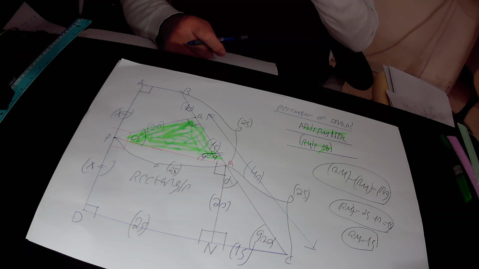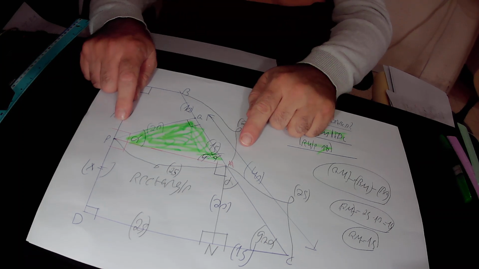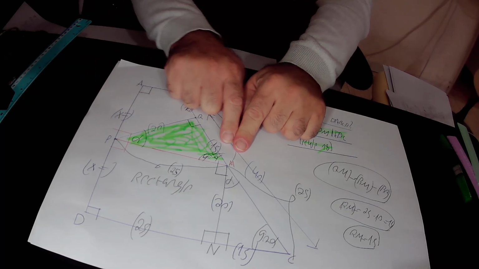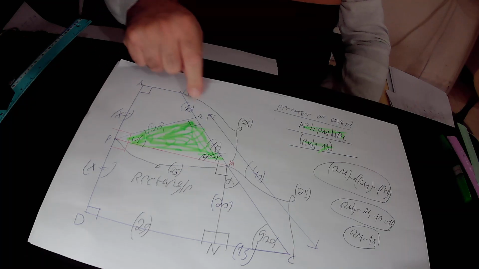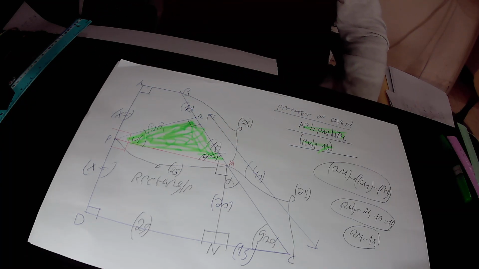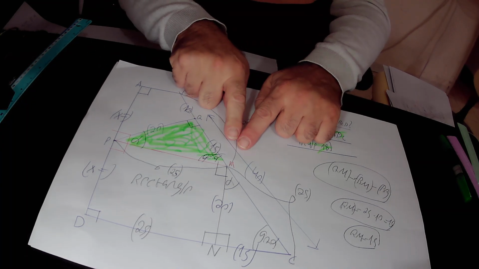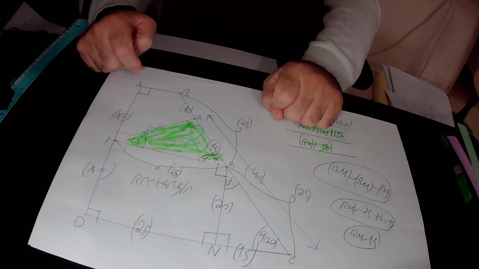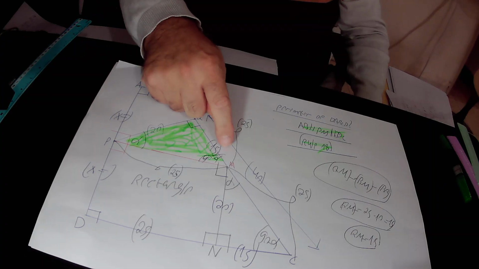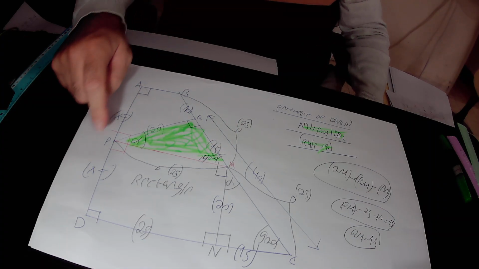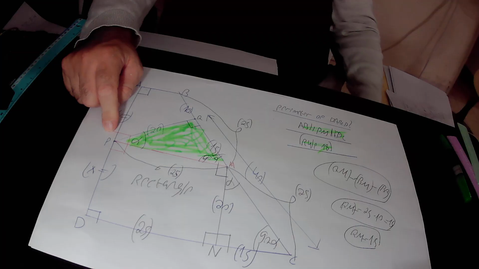Okay, what is the definition of line segment PM? Line segment PM bisects the two legs AD and BC of this trapezoid ABCD. First of all, line segment MP bisects AD. Why? Because point P is the midpoint of AD.